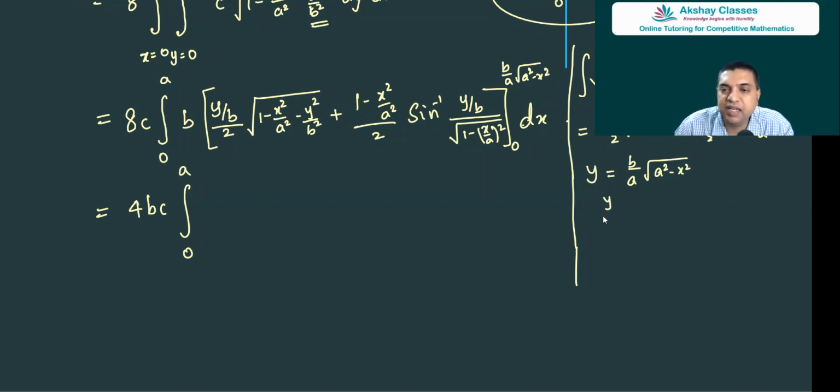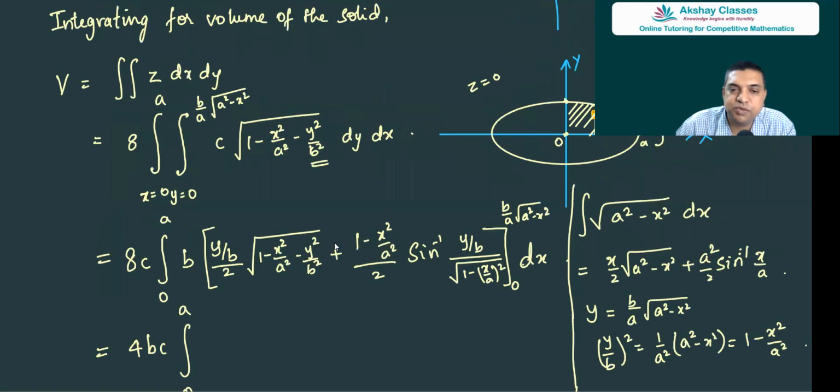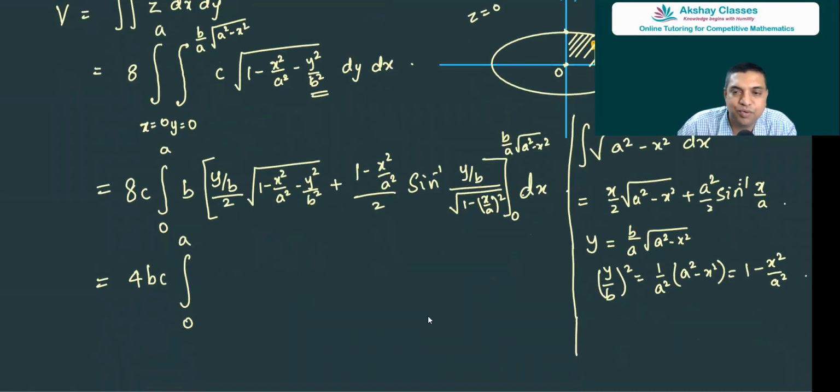So y by b whole square will be 1 by a square into a square minus x square, which is 1 minus x square by a square. So when you substitute y here, it means y by b the whole square is equal to 1 minus x square by a square. So when you substitute this here, the first term becomes 0.